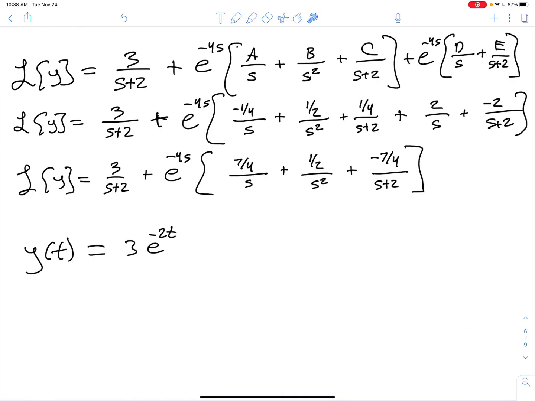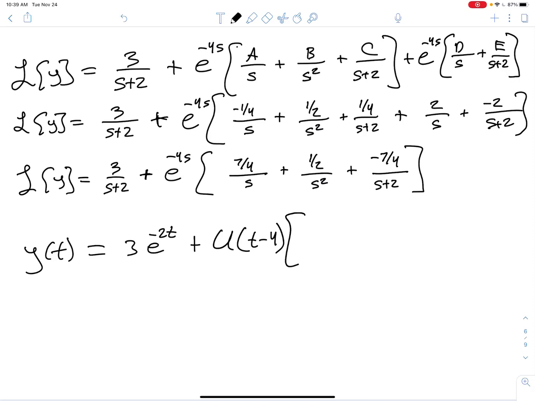So how do we do that part? Well, when you invert this using the second translation theorem, this is telling you that it's shifting. So it comes from something and then shifts over by 4 units with a unit step function. So all of this should be unit step function t minus 4, times everything, and everything's going to be shifted over.